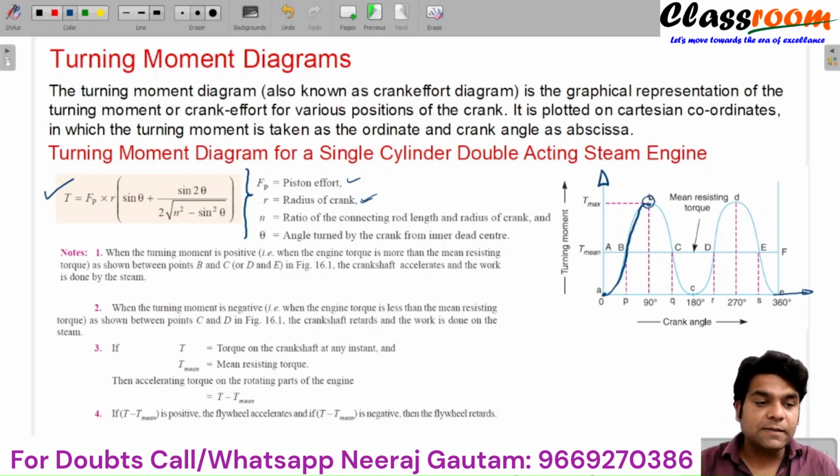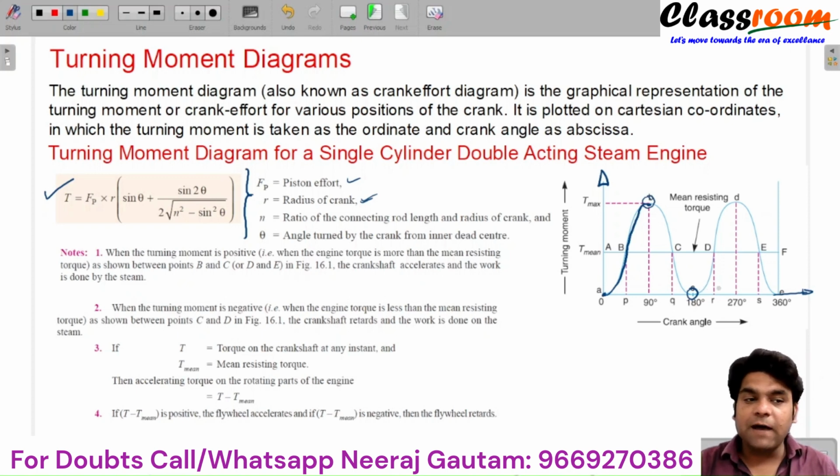As theta varies from 90 to 180 degrees, the turning moment decreases, that is, the torque decreases, and again it becomes 0 when theta is 180 degrees. You can substitute the value of theta as 180 degrees here, and you will get a 0 value of this component, so the turning moment is also 0.